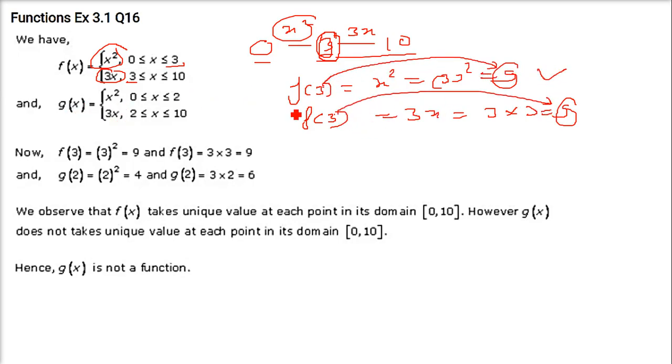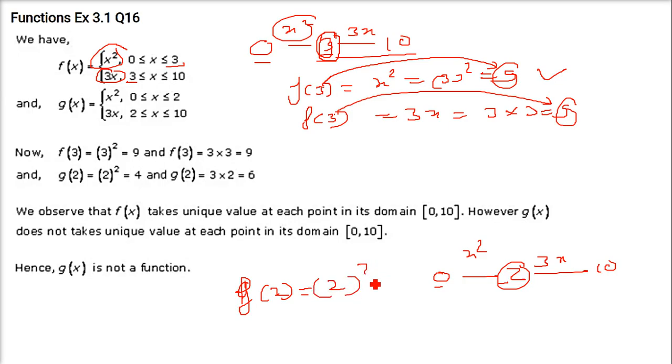Coming to g(x). g(x) says that from 0 to 2 you take x square, and 0 and 2 are inclusive. And from 2 to 10 you take 3x, where 2 is inclusive, so 2 is a border condition. So let us put g(2). Using x square, 2 square is 4.